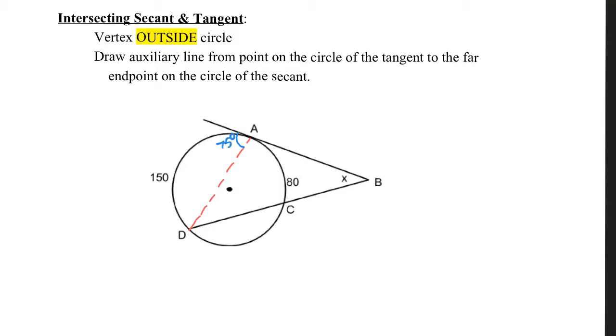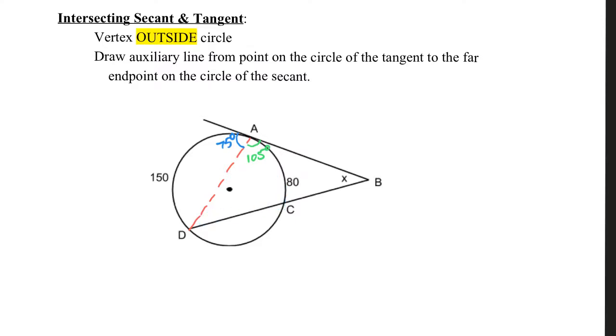And then I can find the other side of angle A up here, which is the top side of my triangle that I created. And that guy is going to be a linear pair with the 75 degrees. So you take 180 minus 75, and you get 105. All right. I've also created an inscribed angle ADC, which cuts off AC here, which is 80.